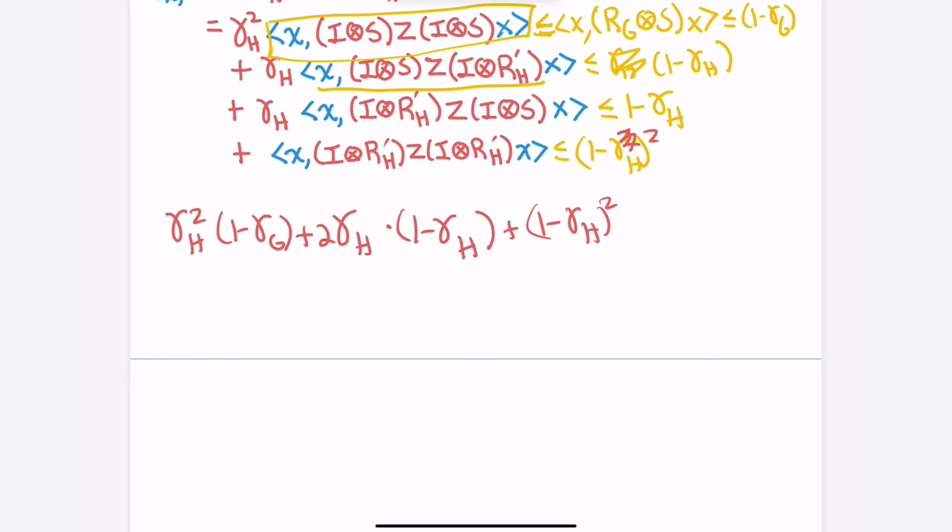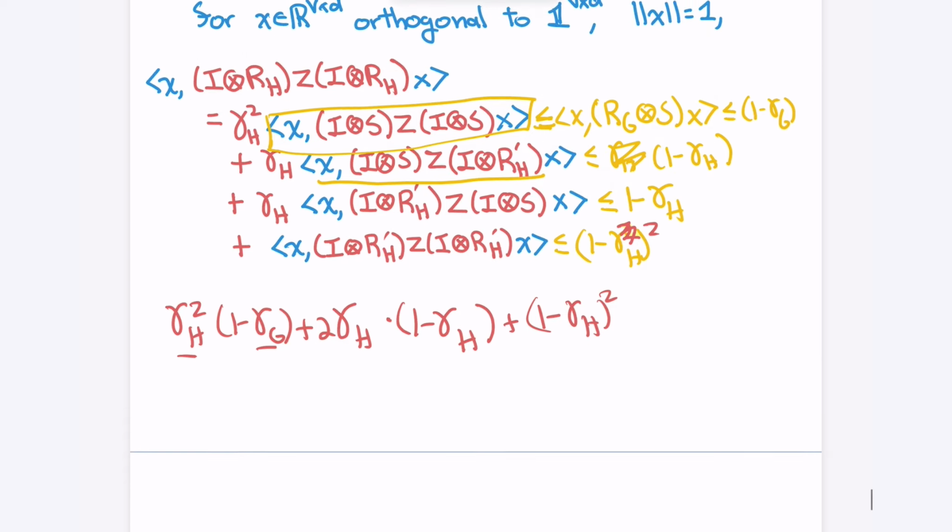Okay, what does this all come out to? I already found one. Okay, well there's gamma h squared, gamma g. No, the G is coming from this term.